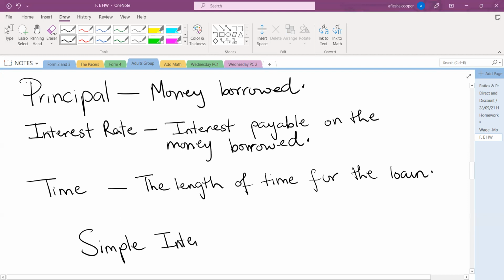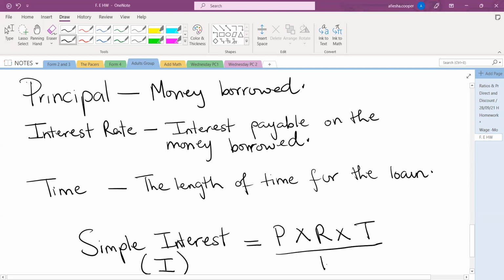And the formula, this is actually identified just as I. The simple interest formula is your principal, identified as P, by your rate, identified by R, by your time, T, over 100.